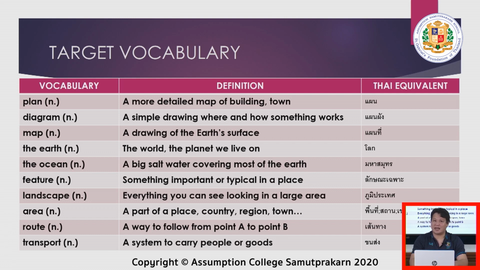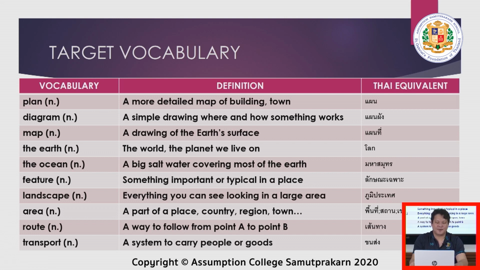Samut Prakan is an area in the central region. Next word, route. It is a way to follow from point A to point B. So if I say, what is the route going to Siam Paragon? I would say, just follow the route of Sukhumvit Road.